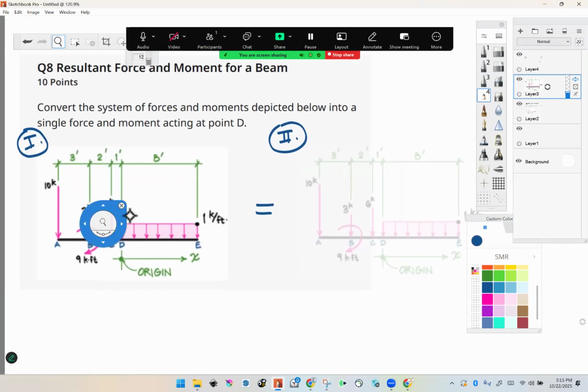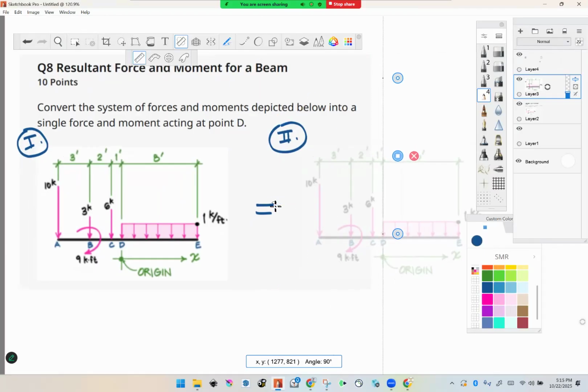Scanning this, all my forces are vertical, and they're downward. So I'm going to put that force at D, vertical and down.